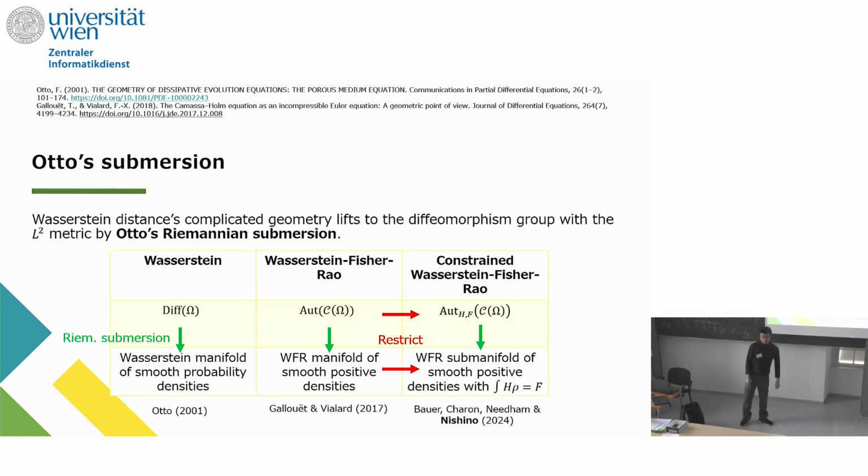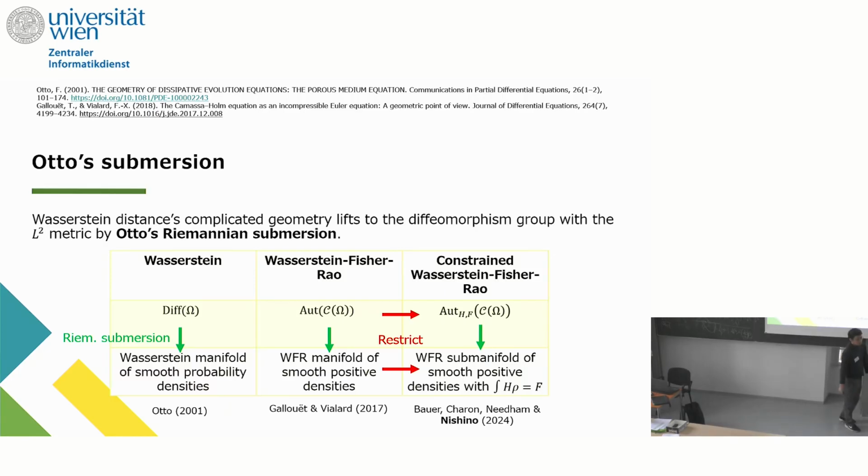Now, to get our version of the Riemannian submersion, we will simply restrict this Riemannian submersion to our constraint space. For the bottom, we restrict the space of smooth positive densities to the space of smooth positive densities with this constraint. On the top space, we use the preimage of this space under the Riemannian submersion.